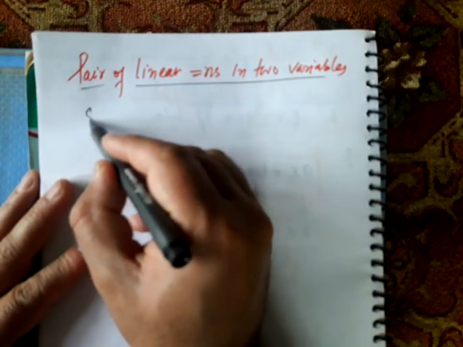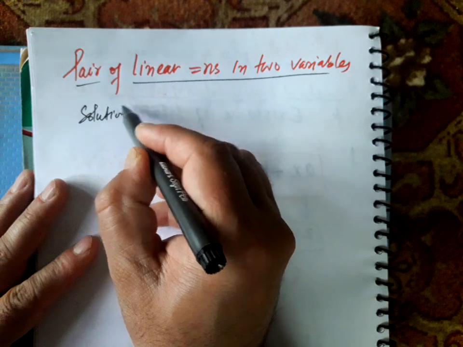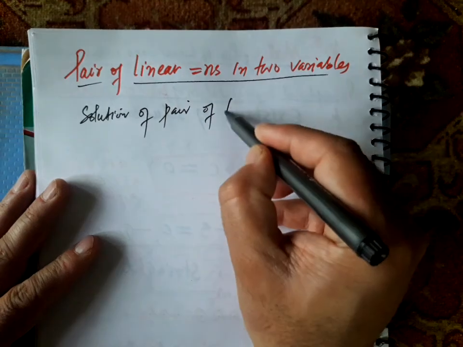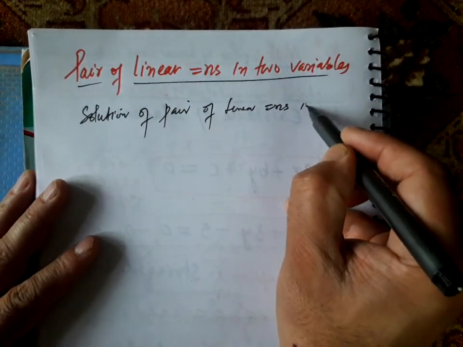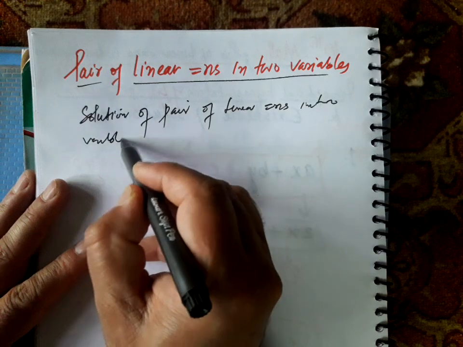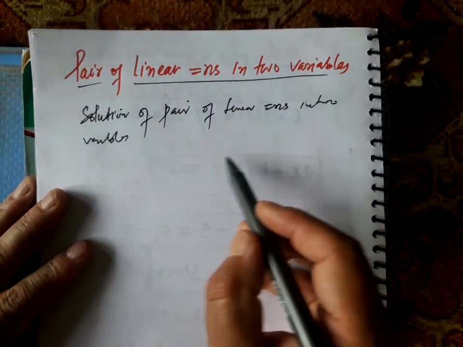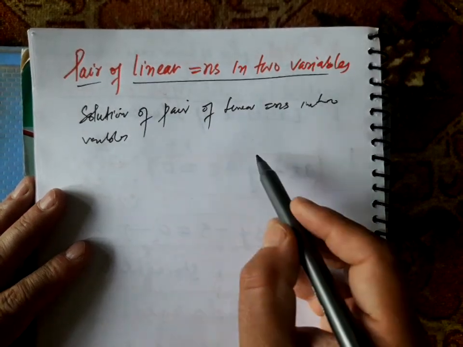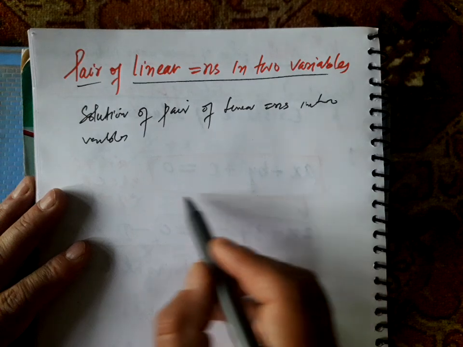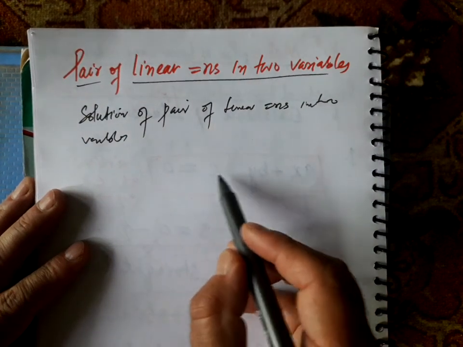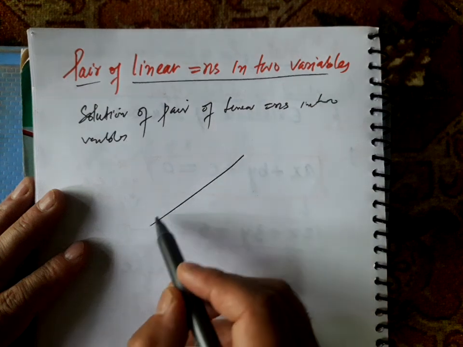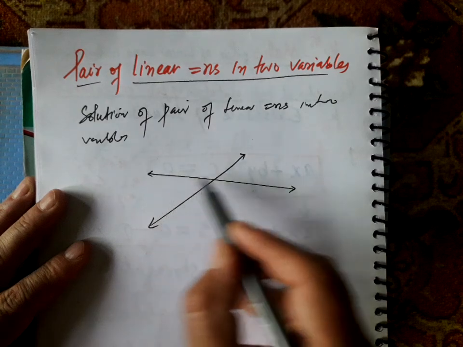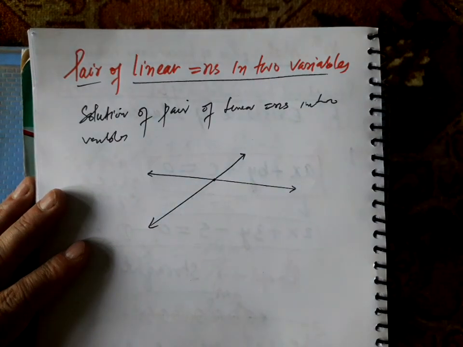The solution of a pair of linear equations in two variables will be a point. When we plot the graph of two equations together, we will get two lines, and the lines will meet or intersect at a point, a common point.